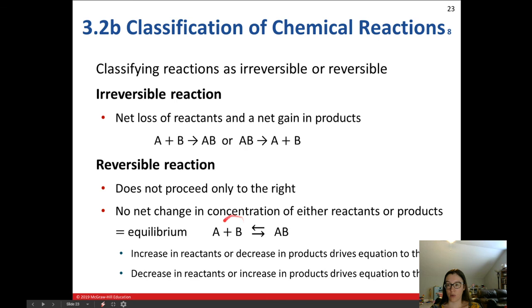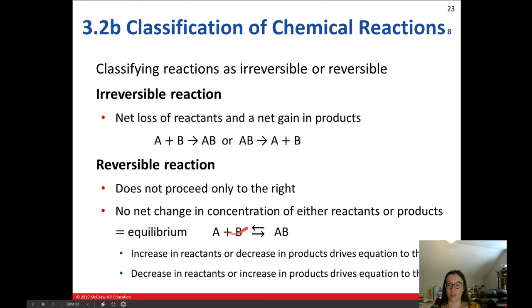But then a decrease in products will also drive the equation to the right. So if for some reason you don't have very many models built at all, you might want to build more models, to display more of them. So if you have more reactants or less products, you're going to build more.